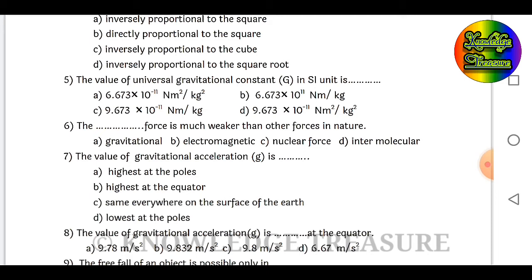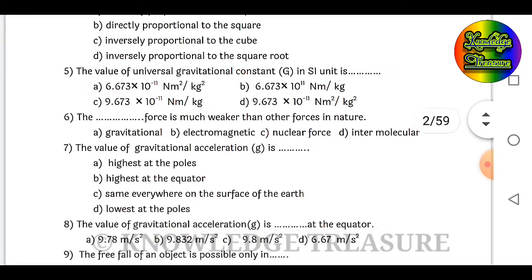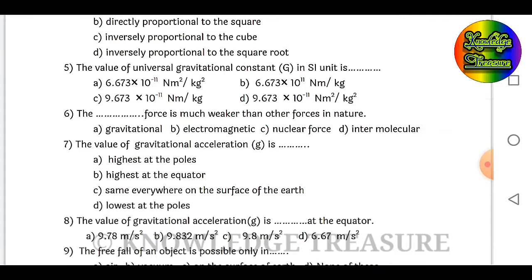6. The dash force is much weaker than other forces in nature. A. Gravitational. B. Electromagnetic. C. Nuclear force. D. Intermolecular. Correct answer is A. Gravitational. 7.